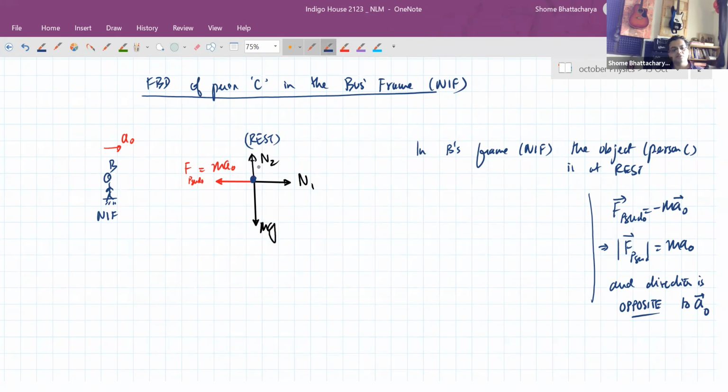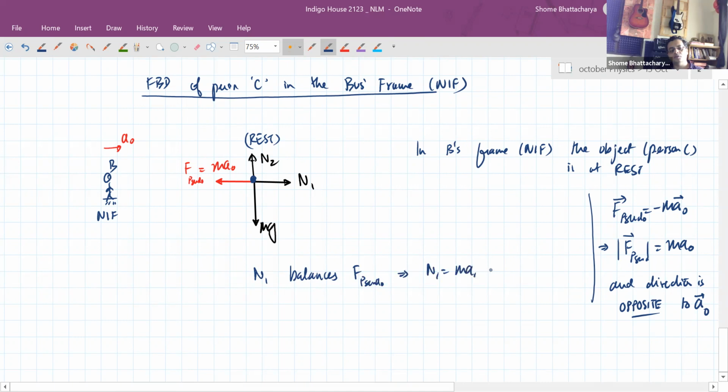This normal reaction is created by the weight, and because the body is at rest, N1 balances the pseudo force. So N1's magnitude is equal to m a naught, which is equal to 140 newtons.